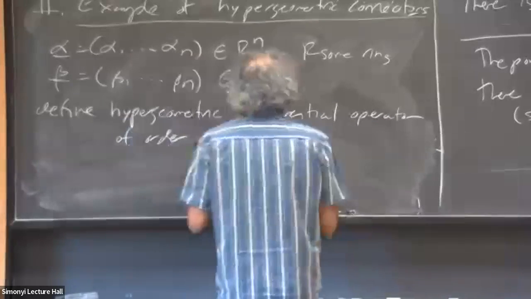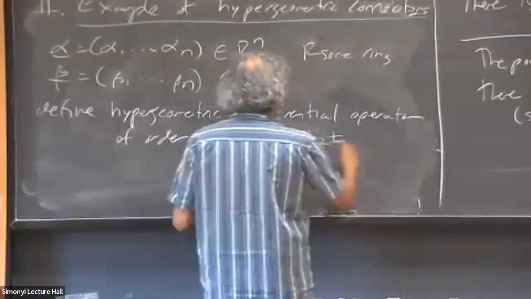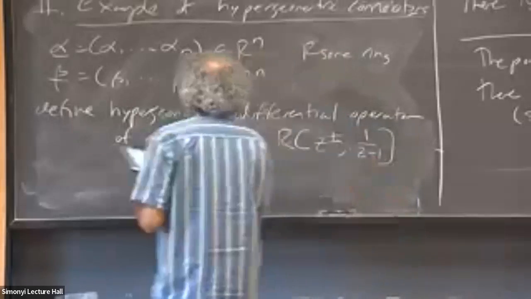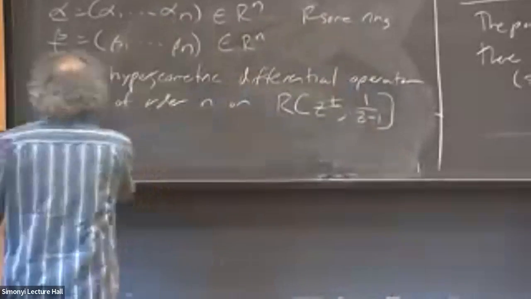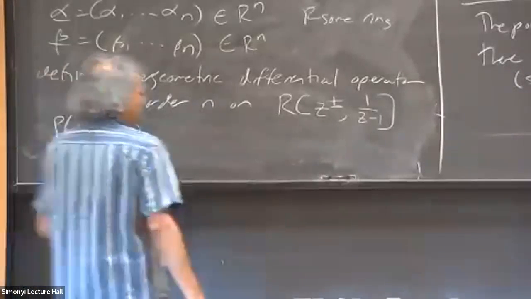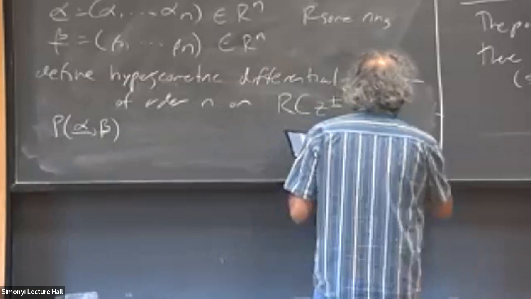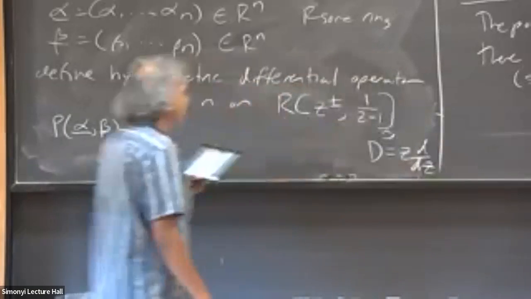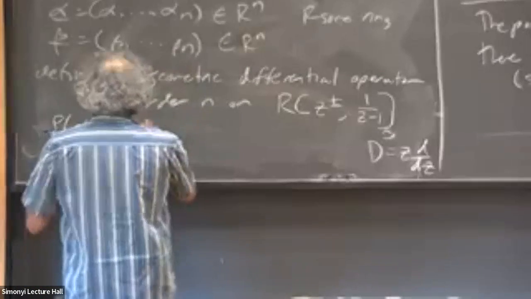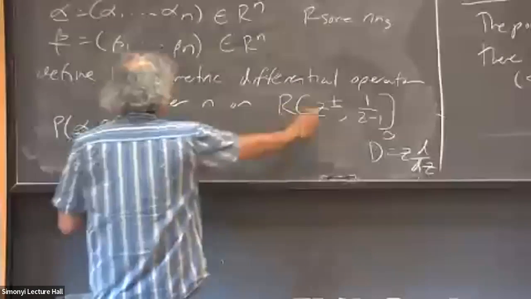The natural place it acts is a Laurent polynomial ring over R, where you also invert z minus 1, and this ring carries the derivation z d/dz, a first order differential operator. So it's going to be a degree n polynomial in this thing with coefficients in this ring.